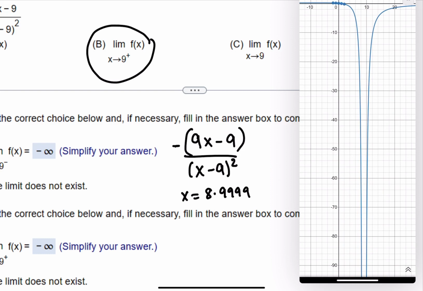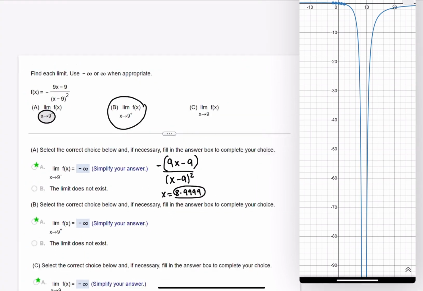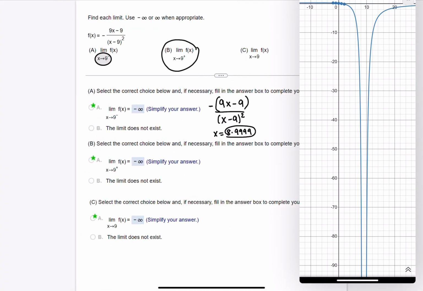Or, like I said, take x is equal to 8.999 and plug it into the function. So when you plug this into the function, you will have negative 9 times 8.99999 minus 9, and then whatever value you get, that is going to be negative infinity.